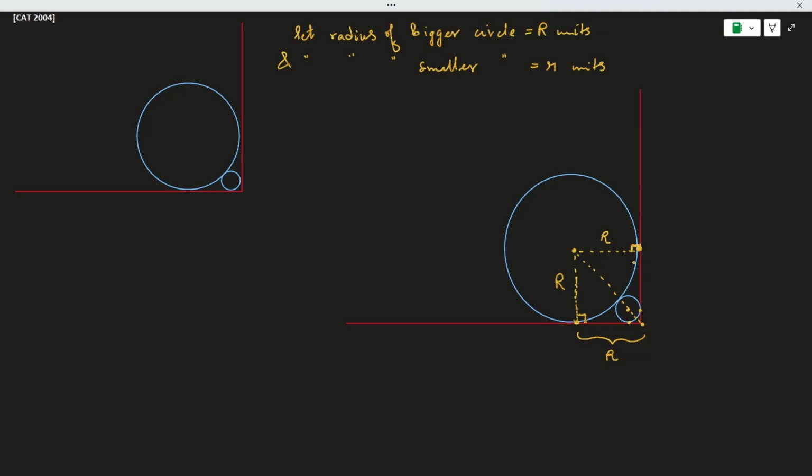Similar reasoning here also. Three angles are 90 degree, that means this angle is also 90 degree. That means four angles of a quadrilateral are 90 degree each, so it's a rectangle. But we know that the adjacent sides are also equal. This is R, this is also R. That means this is a square, so all the sides are equal. So this will also be R, and this will also be R.